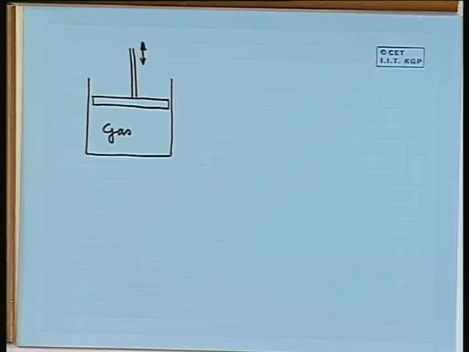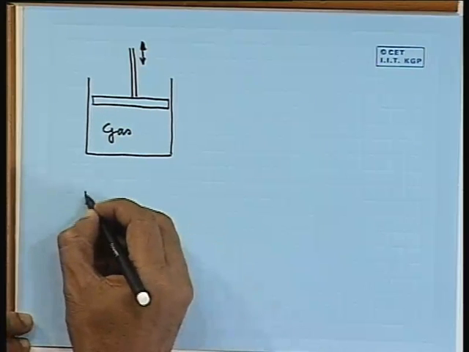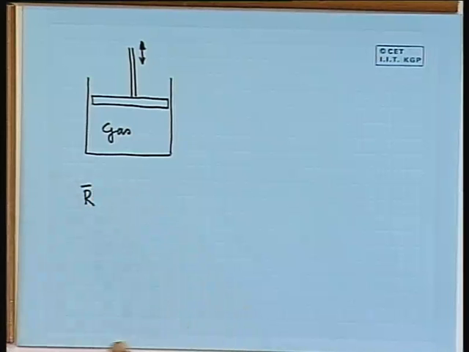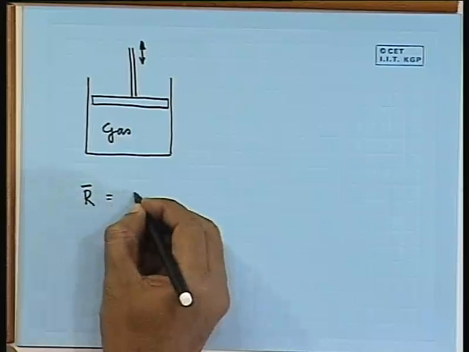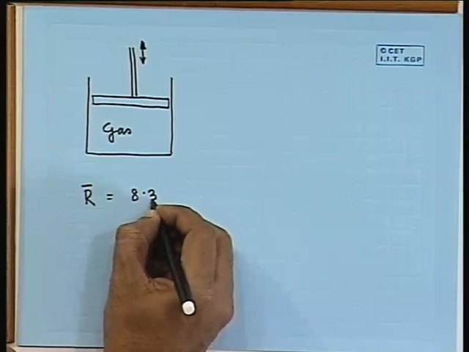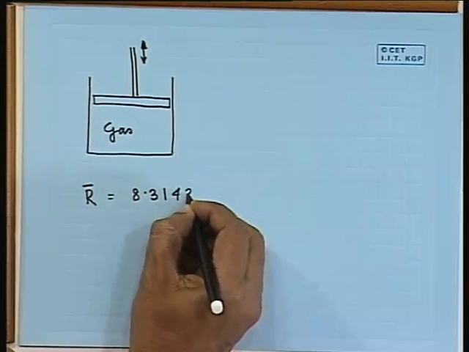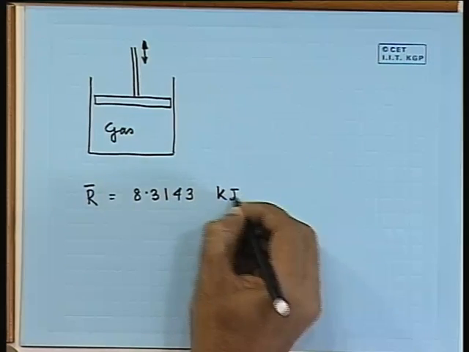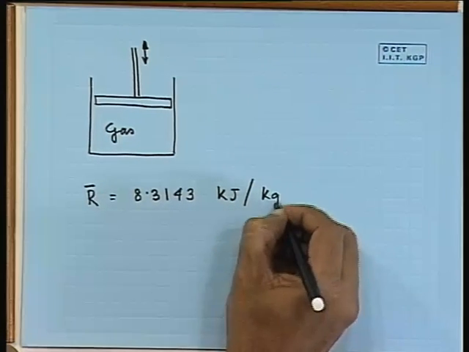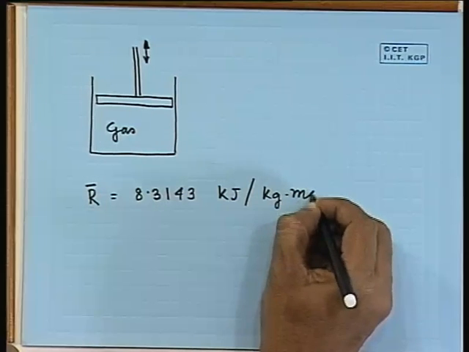The universal gas constant R or R bar, whatever I have written, its value is 8.3143 kilojoule per kg mole Kelvin.